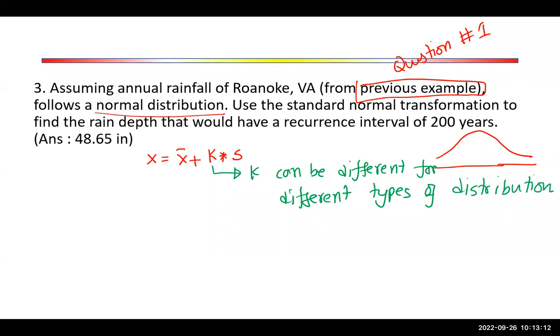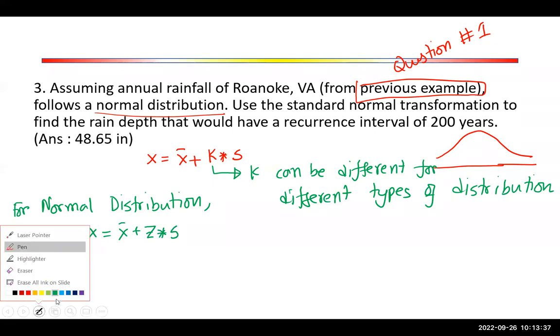And here, do we know the distribution type for this problem statement? This is the normal distribution. So for the normal distribution, instead of k, we use z multiplied with s, right?